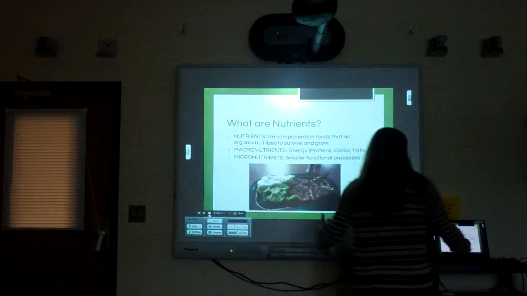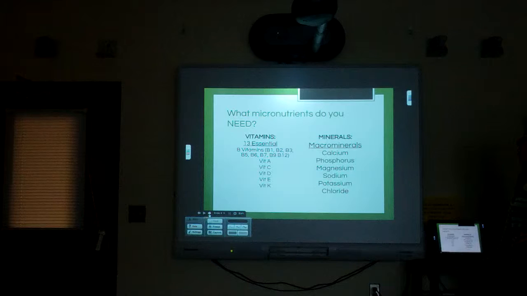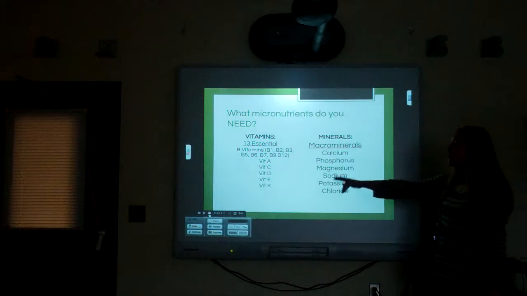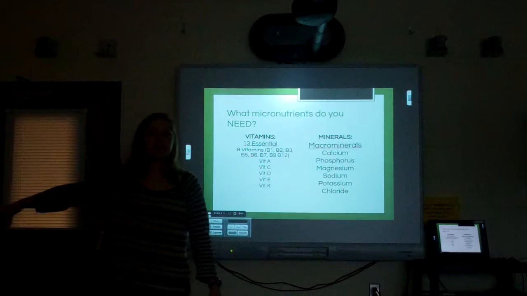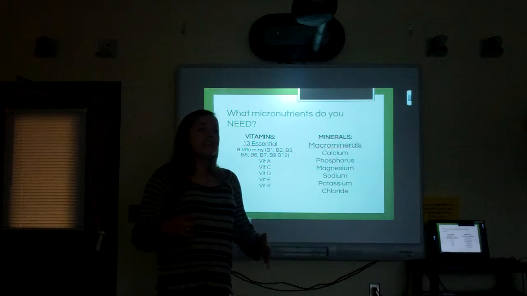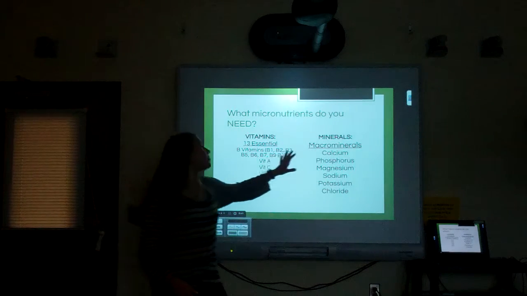So what exactly do we need those micronutrients for that we're going to focus on today? We have a skew of different ones. We have 13 essential vitamins, our B vitamins, as well as vitamin A, vitamin D, E, K, C, and then we have minerals.